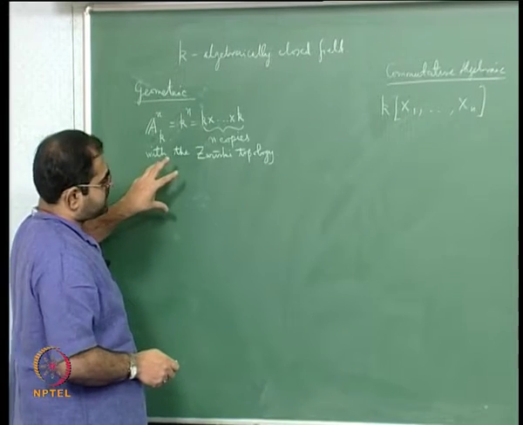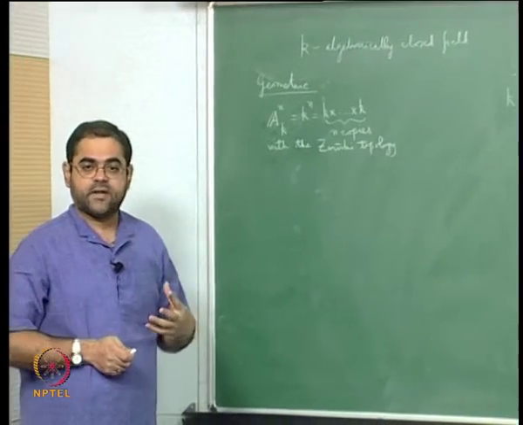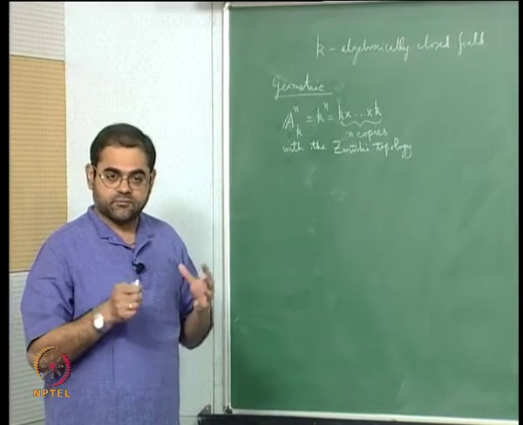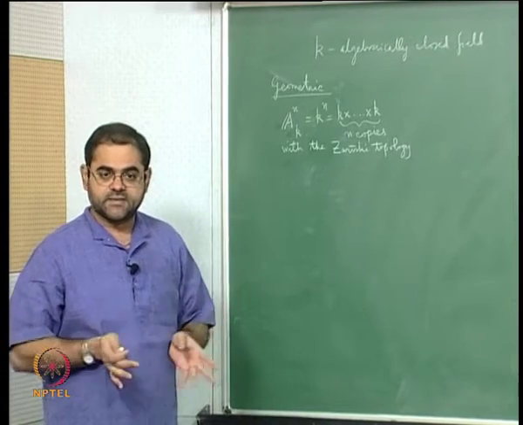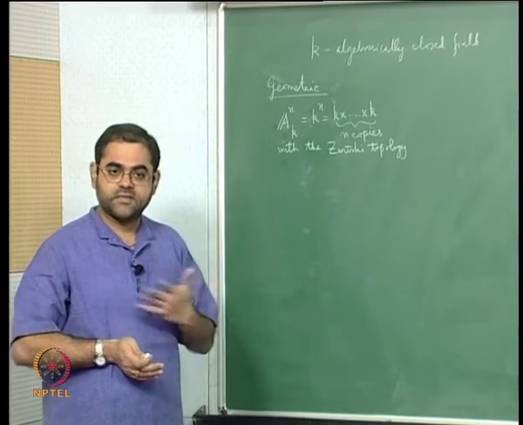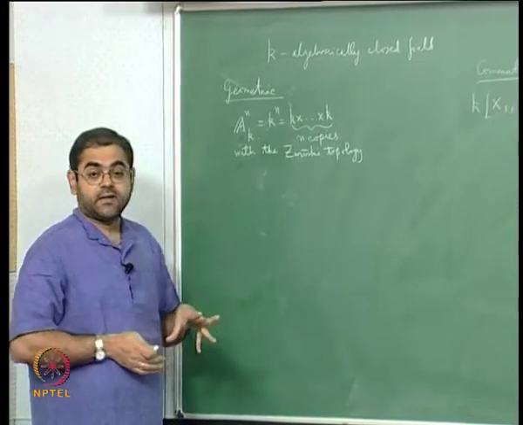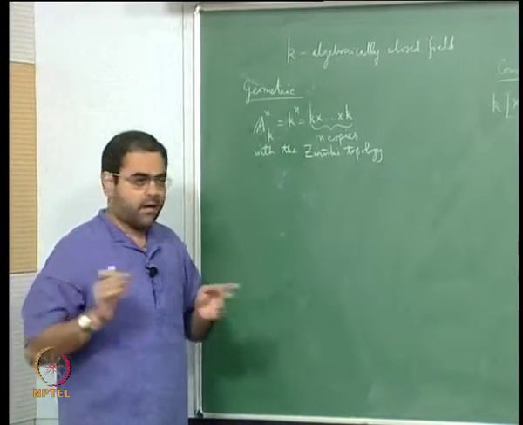You get the Zariski topology by prescribing, of course any topology is given by either prescribing a collection of closed sets or a collection of open sets, and these two are complementary to each other because a closed set is a complement of an open set and vice versa. So the approach to the Zariski topology is by specifying a collection of closed sets. And how do you specify this collection?